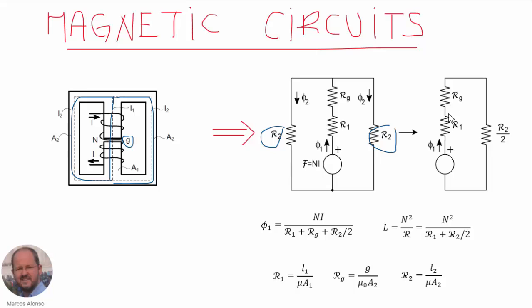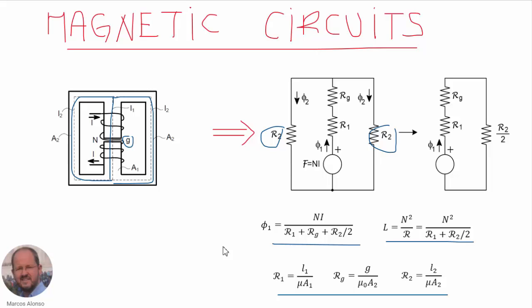From this circuit it is very simple to obtain the flux that is going to circulate through the winding, and then we obtain this expression, so we can also calculate the total inductance that is going to be seen from the winding, and here we have the different values of the reluctances. So we see that this is a very convenient way to model the magnetic circuits using these equivalent circuits.